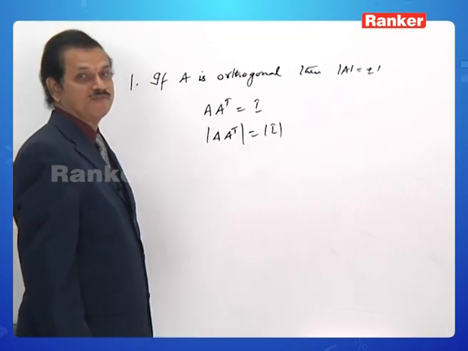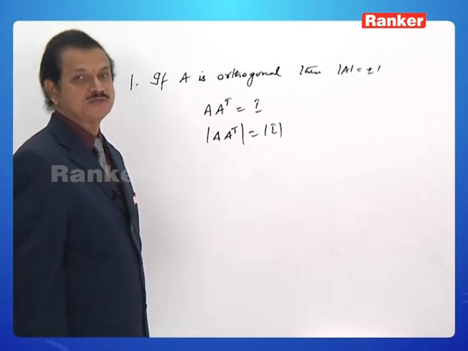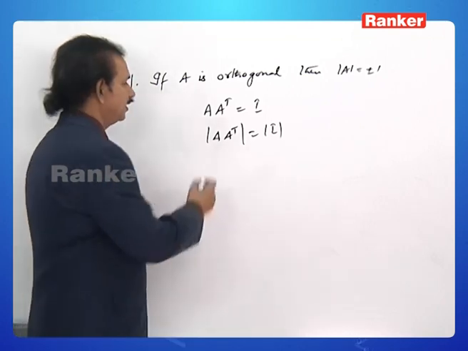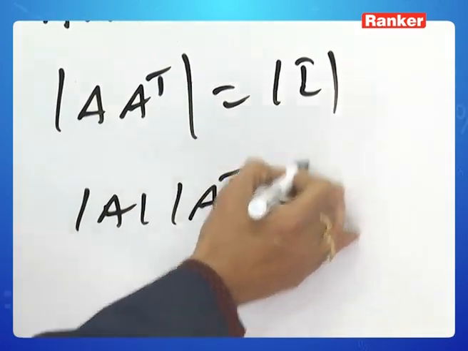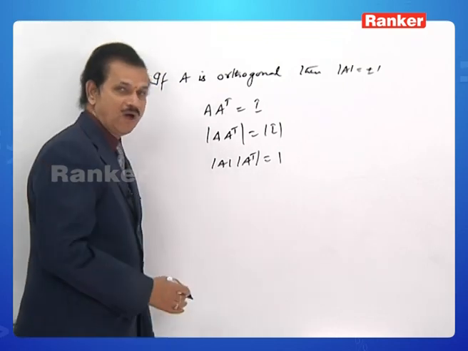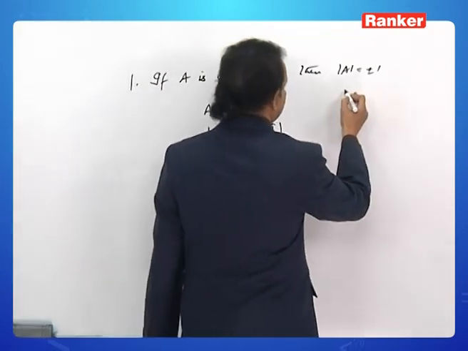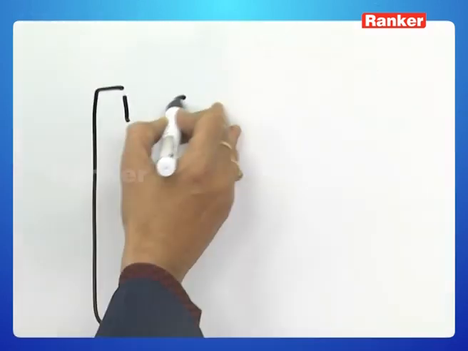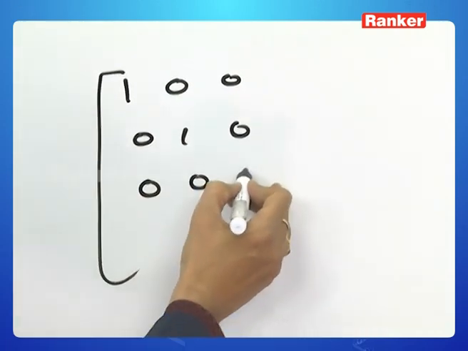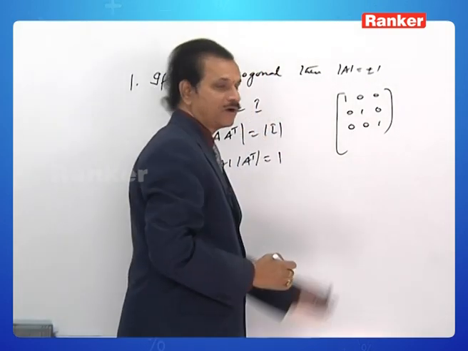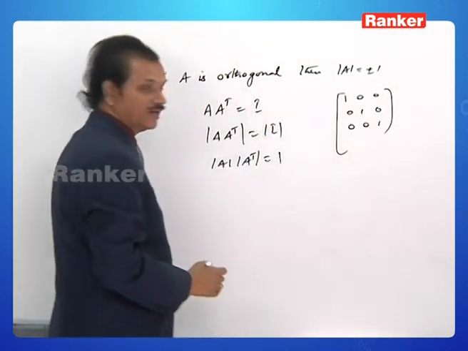And previously we have noticed that det AB is equal to det A into det B. This is det A into det A transpose is equal to, what is the determinant of I? 1. Why? Because it is an upper triangular matrix or a lower triangular matrix, however you can call it. Product of diagonal elements is 1.